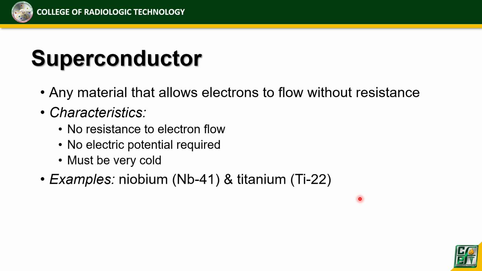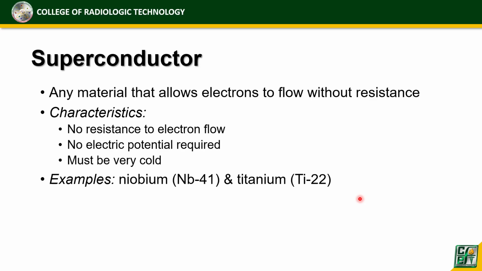At hindi rin kailangan ng voltage. Okay? And must be very cold. Okay? So, ayan yung example natin, titanium and niobium. Diba? Superconductor, yung ating magnet sa MRI. So, isang condition is kailangan very cold.